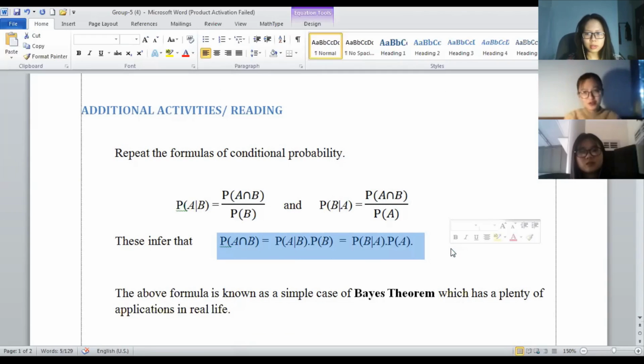If you don't know about that, don't worry. I will show you an example so that you can understand it easily, and from this example, you can see how interesting this formula is.